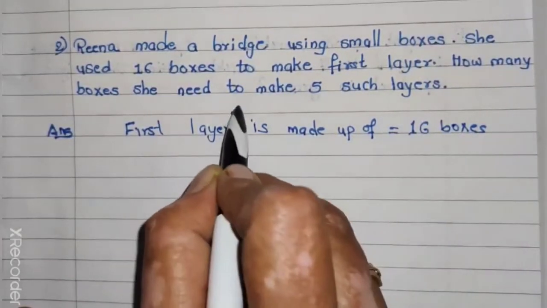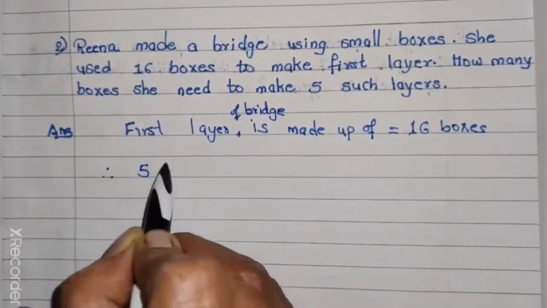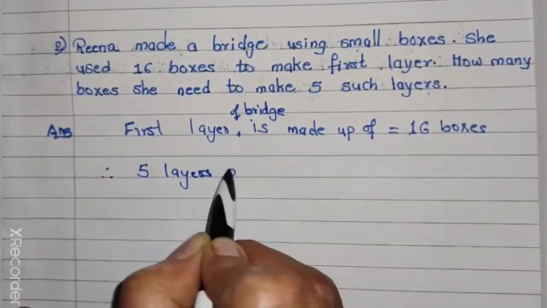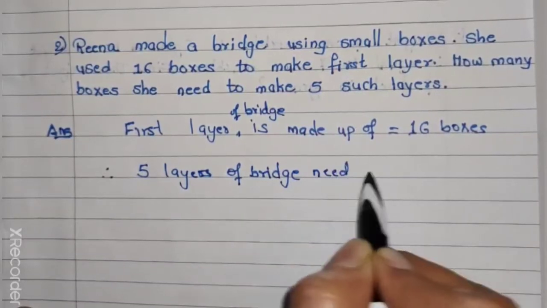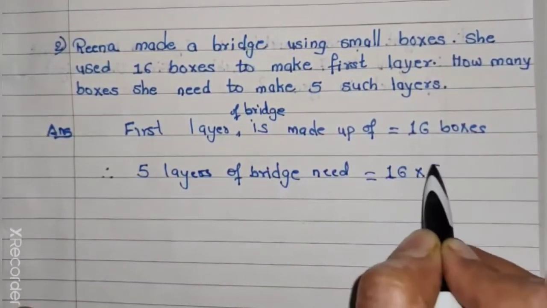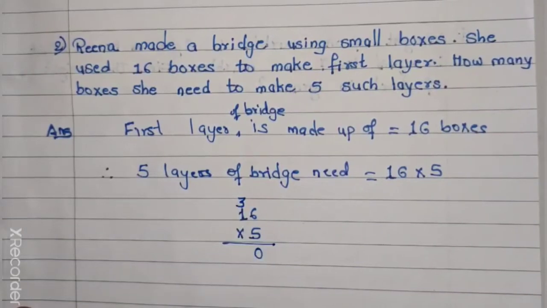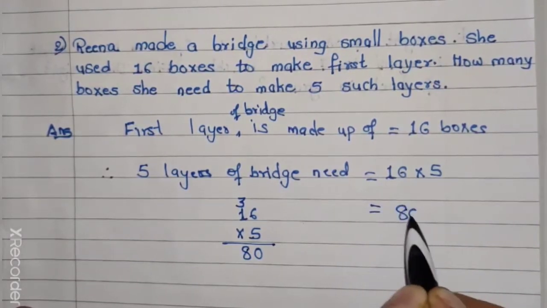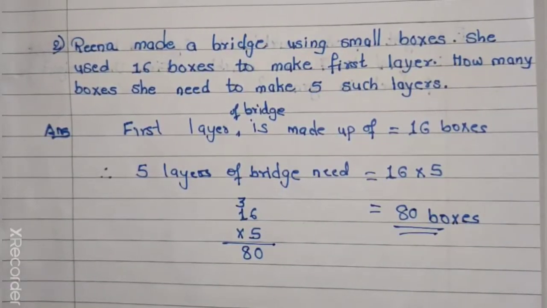Therefore 5 layers of bridge need how many boxes? We will multiply 16 by 5. So let us do the multiplication of 16 and 5 here. 5 6s are 30, 5 ones are 5 and plus 3 will give you 8, that is 80 boxes. So we are going to write here 80 boxes and here we have completed the answer.